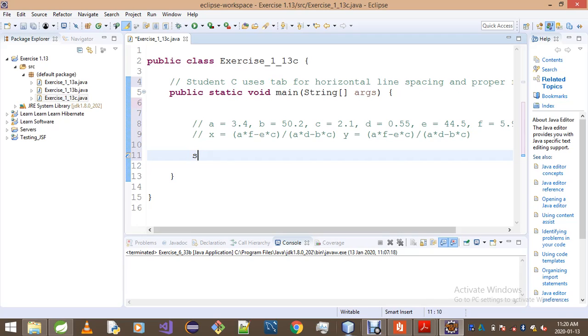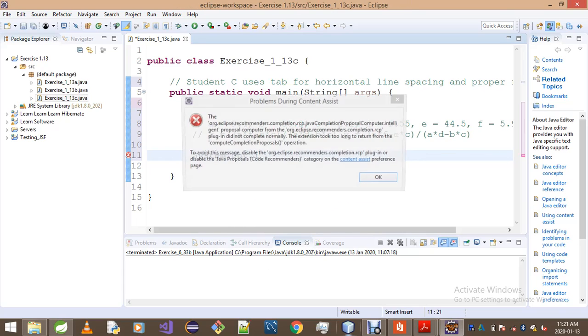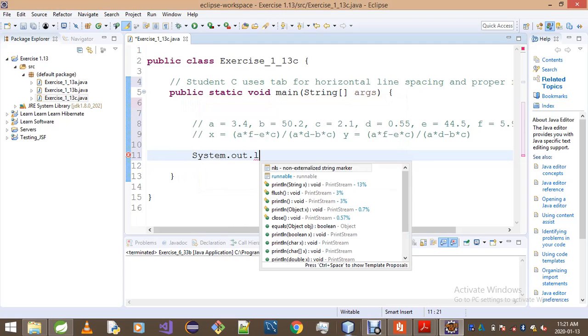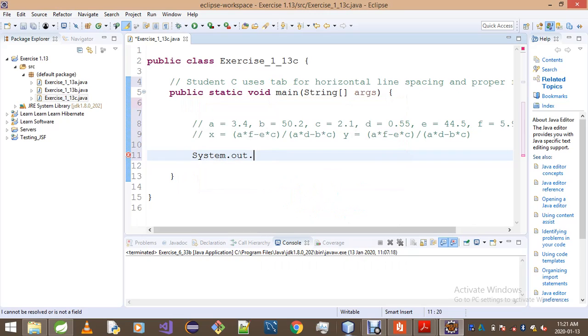Okay, we have System.out.print. Come on, what's happening? Here we go again with this machine. Okay, we got System.out.print, and we have .4.